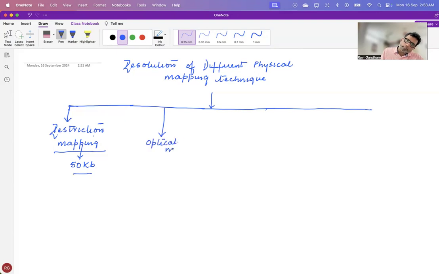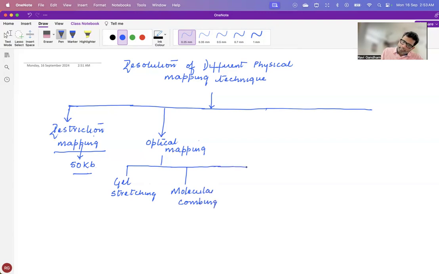Optical mapping. Under optical mapping, we have gel stretching, molecular combing, and the one that is currently in vogue is bio-nano.